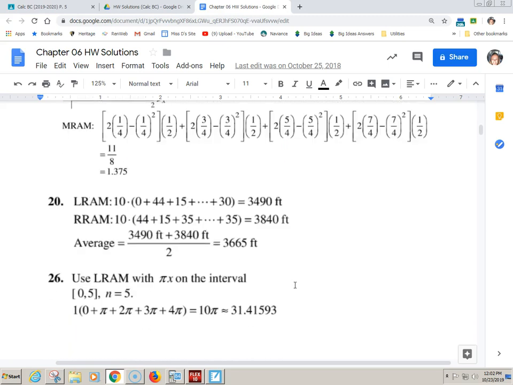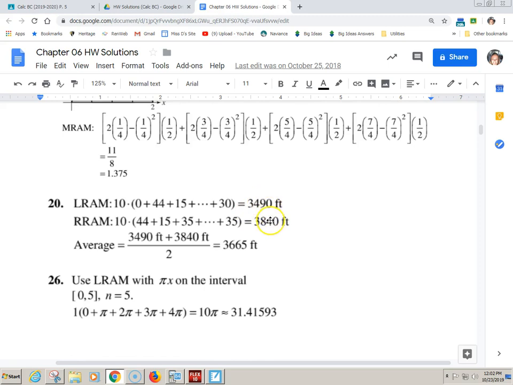Number 20. You're finding the LRAM and the RRAM and finding the average. And then number 26 was just an LRAM ending up with 31.416.